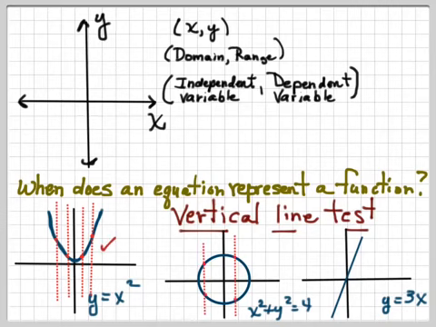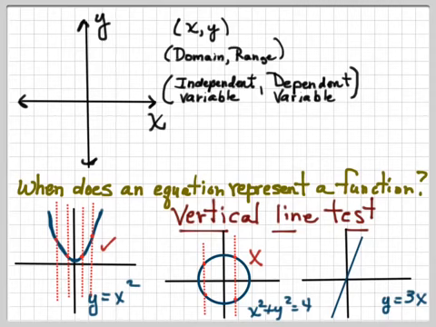With the circle, there's a lot of points where I'm hitting the graph in 2 places, and here's 2 examples. If I go way out to the left, it's no places. If I go right tangent to the circle, it's 1 place. But all I have to do is find 1 place on that graph where I can draw a vertical line and hit more than 1 point on the graph, and it is not a function.